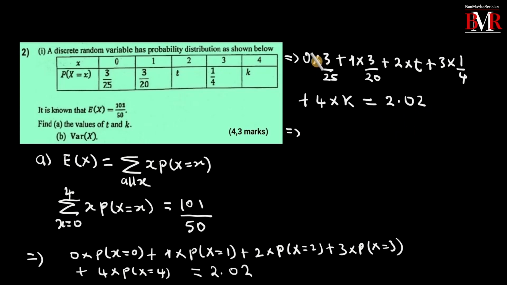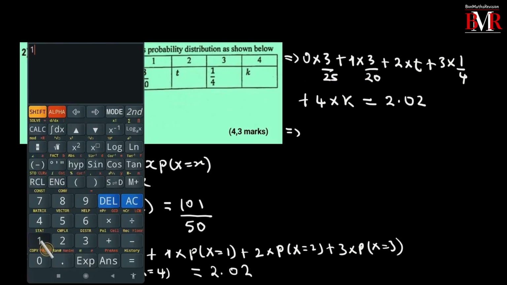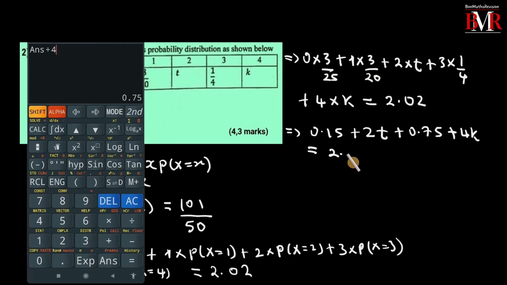That means 0 times 3 over 25 is 0. Now 0 plus 1 times 3 all over 20 is 0.15. That is 0.15 plus 2 times T, which is 2T, plus 3 times 1 over 4, that is 0.75, plus 4 times K, which is 4K. All this is equal to 2.02.